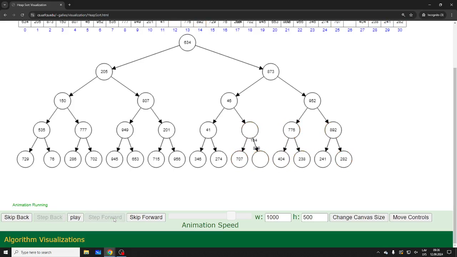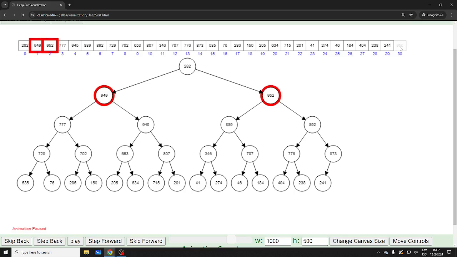You need to build this tree. Again, I don't want to show you all of these operations. Basically, we're trying to get the maximum value. Eventually, we'll have the maximum value. Okay, so 956 was the maximum value, right?